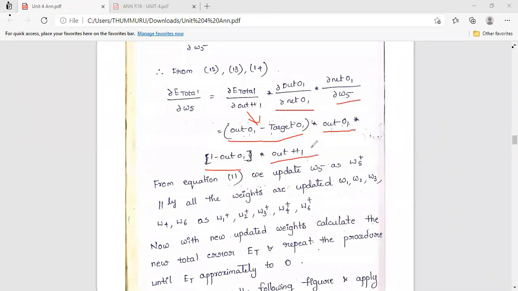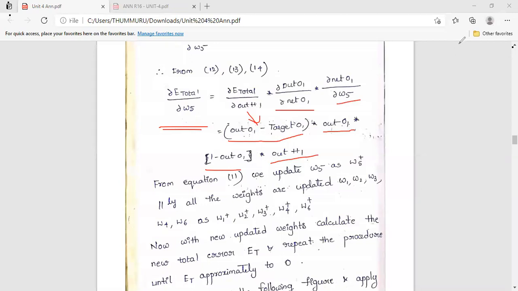These are the total values you need to substitute at this place. So these equations you should apply. Similarly, you should apply to W1, W2, W3 and so on.